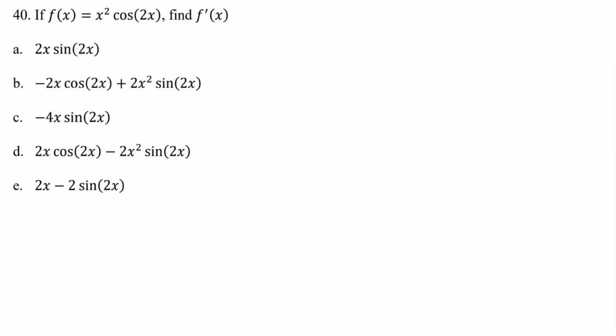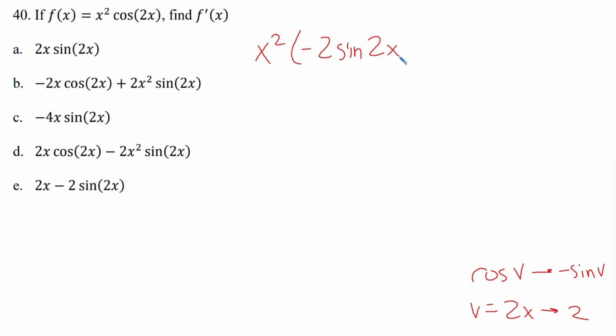For number 40 here, we're just looking at a product rule derivative again, right? Because we have u times v. So it'll be x squared times the derivative of the cosine of 2x. Well, to find the derivative of cosine of 2x, we'll call it cosine of v, where v is equal to 2x. We should just end up getting negative sine of v times 2, or negative 2 sine of 2x.